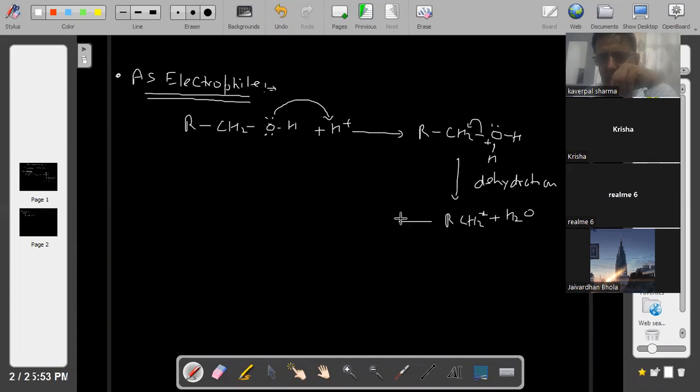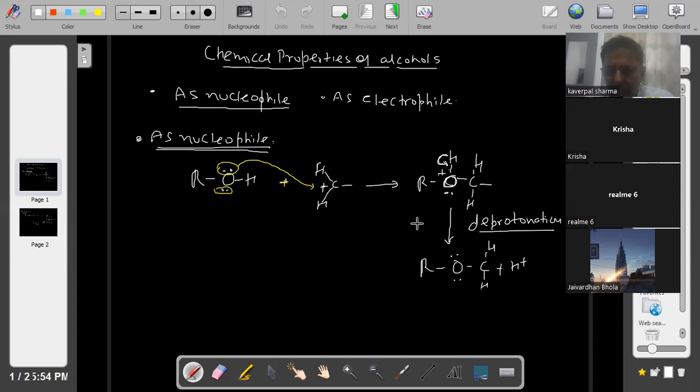Now, in the next step, plus nucleophile attack, Br minus. So it will attack at this, and you will get R CH2 Br. So in this reaction, ROH acts as an electrophile. In the previous reaction, it acts as a nucleophile.